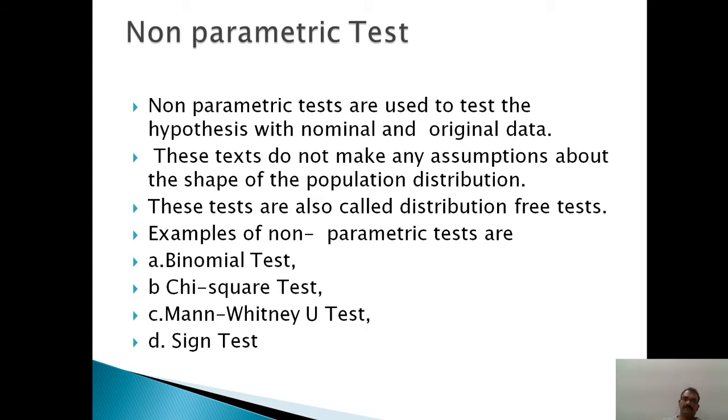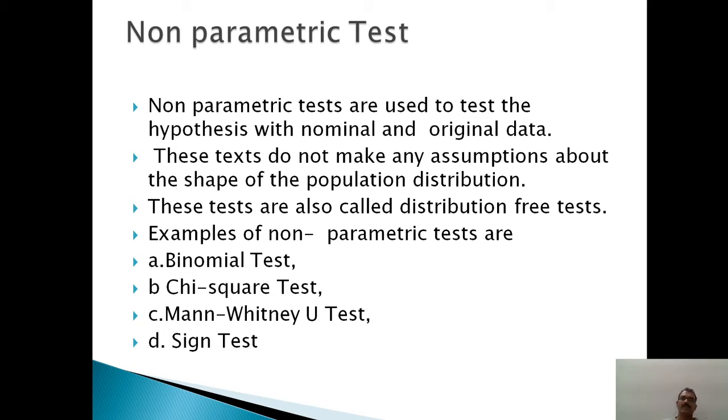Non-parametric tests. Non-parametric tests are used to test the hypothesis with nominal and ordinal data. These tests do not make any assumption about the shape of the population distribution. In the case of parametric test, we have some assumptions about the shape of the population distribution, like normally distributed.